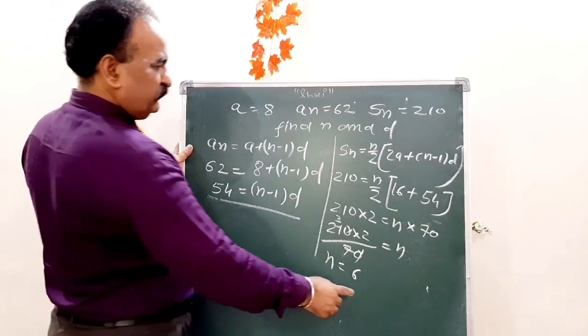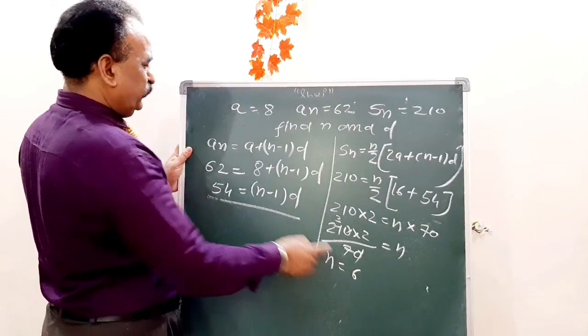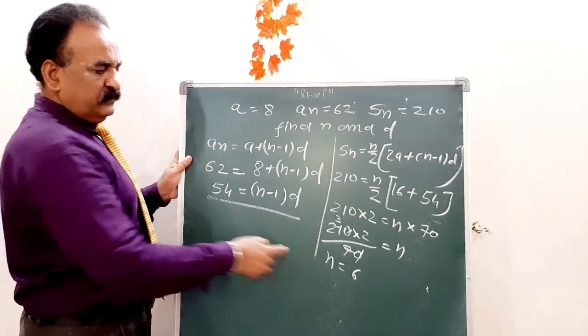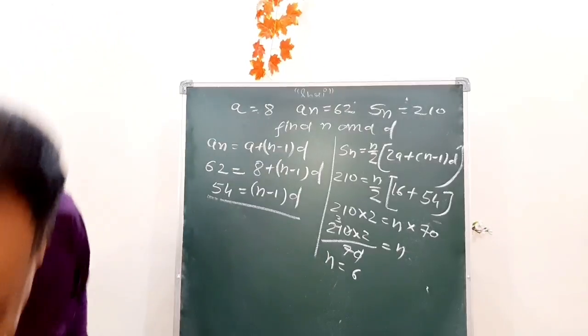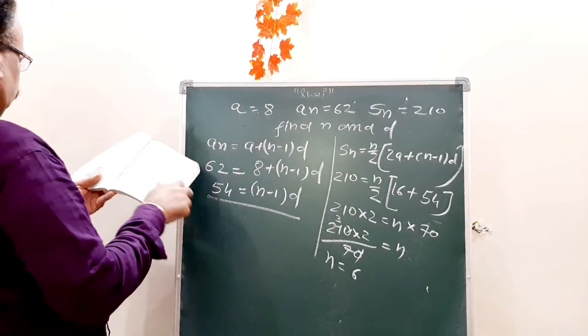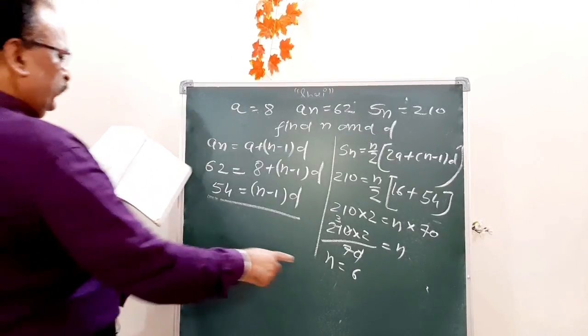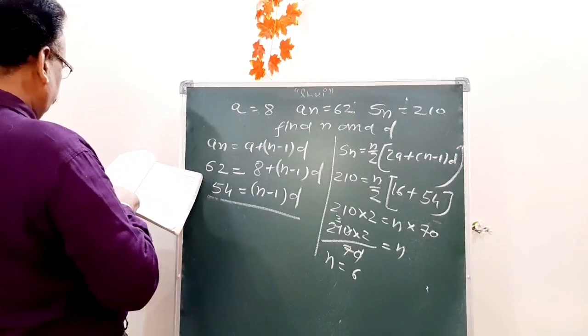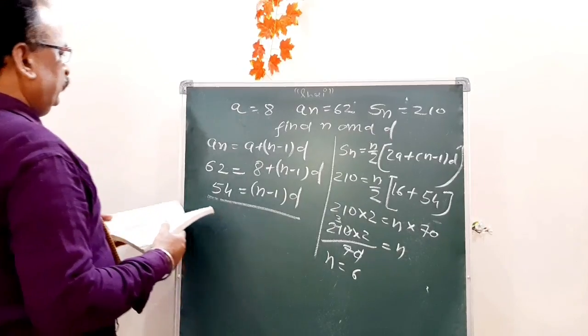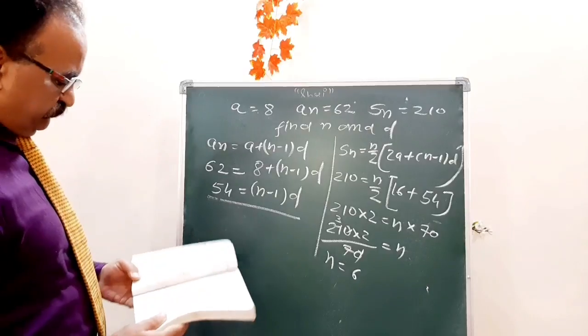Now tell me what you have to find. n and d. n is equal to 6, and d you have to find. How to find d now?